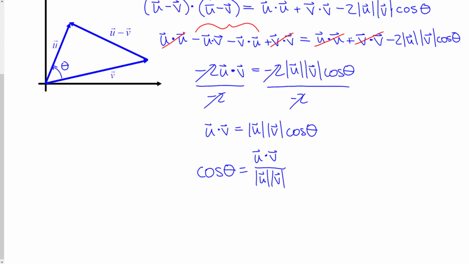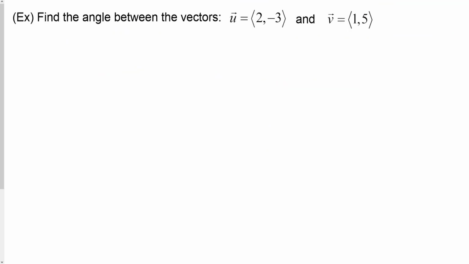Okay, so let's use that formula. Let's find the angle between the vectors u equals 2, negative 3, and v equals 1, 5. The cosine of the angle between two vectors is u dot v over the magnitude of u times the magnitude of v. So let's get started finding some magnitudes.